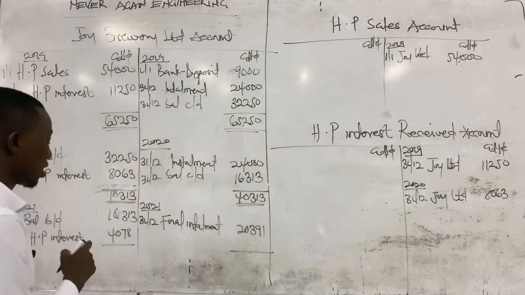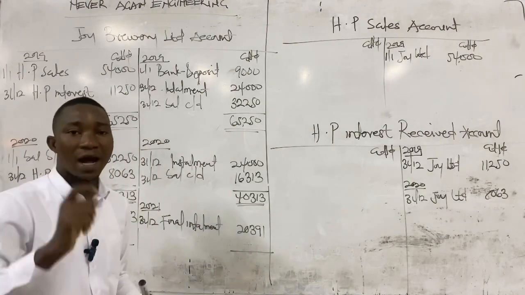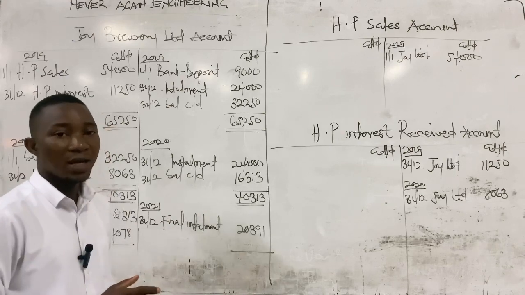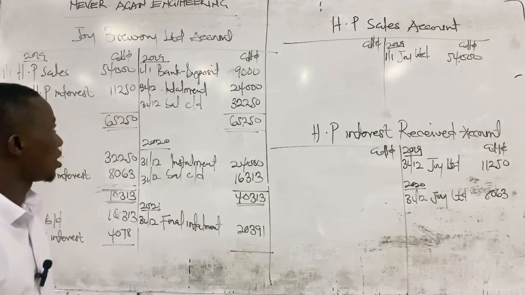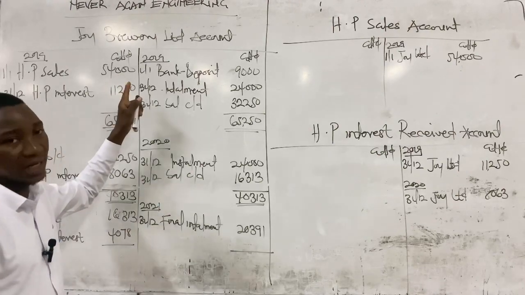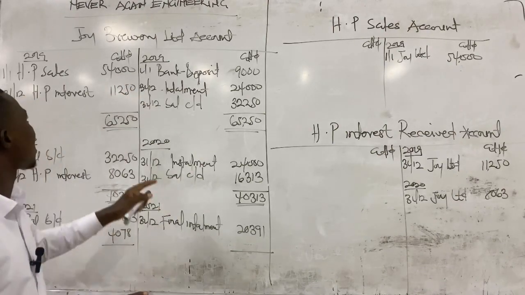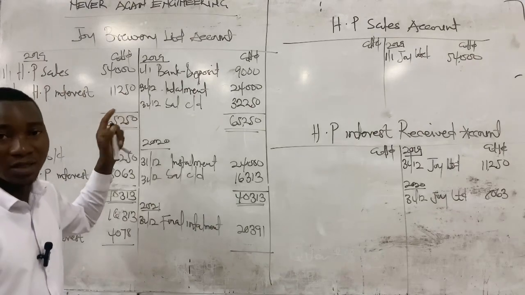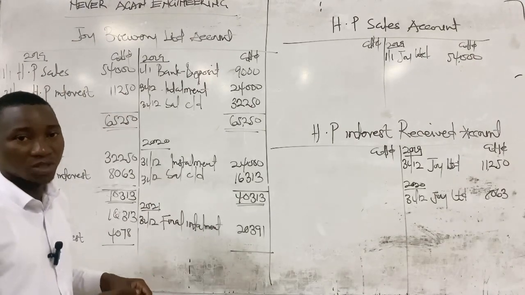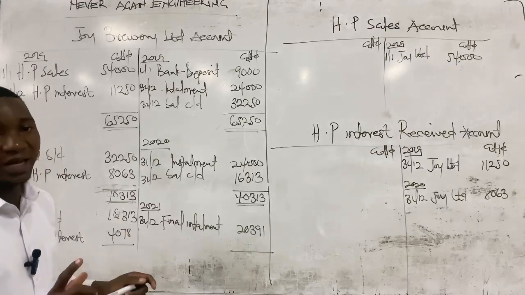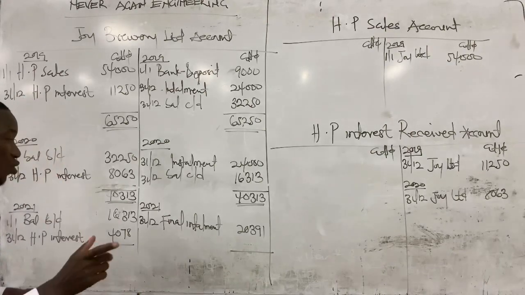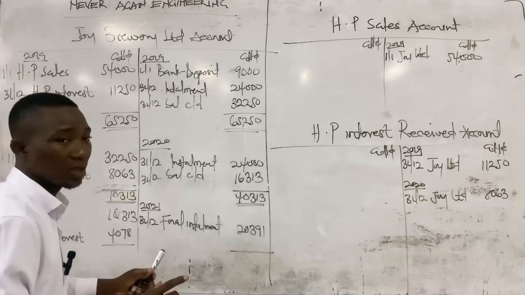But before we close the account, remember that in a hire purchase contract, at the end of the final year there shouldn't be any balance with the debtors account, or with the hire purchase account, because all payments will be made at the end of the final year. If that is so, then there shouldn't be any carry down.